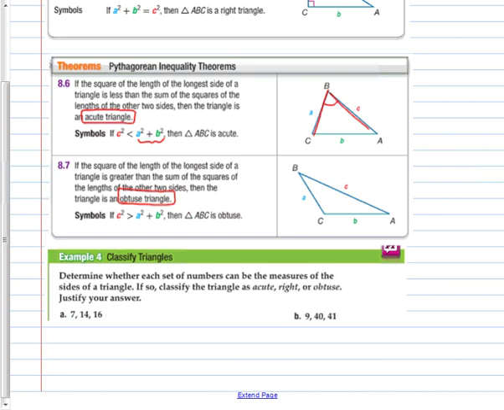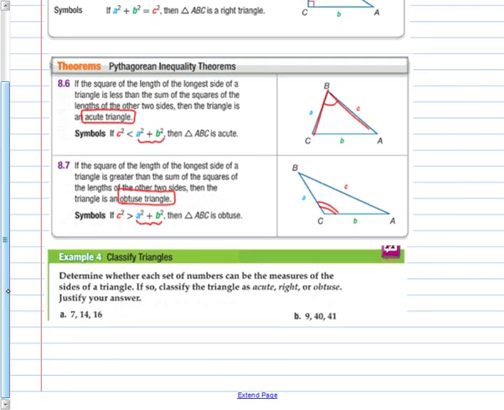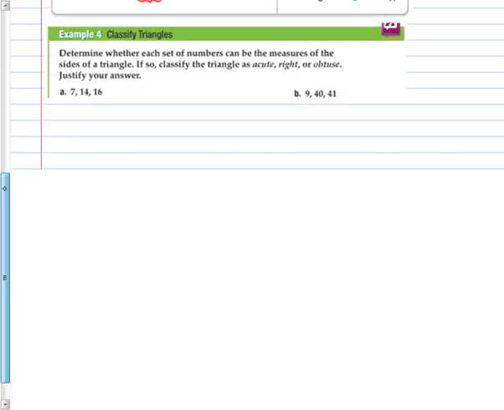The C is not long enough to stretch clear across. It's going to be acute. If I add the squares of the two shorter ones, and it's less than the longer one, then I have an obtuse triangle. So we can tell whether we have a right, acute, or obtuse triangle by this test. Let's try it out down here.